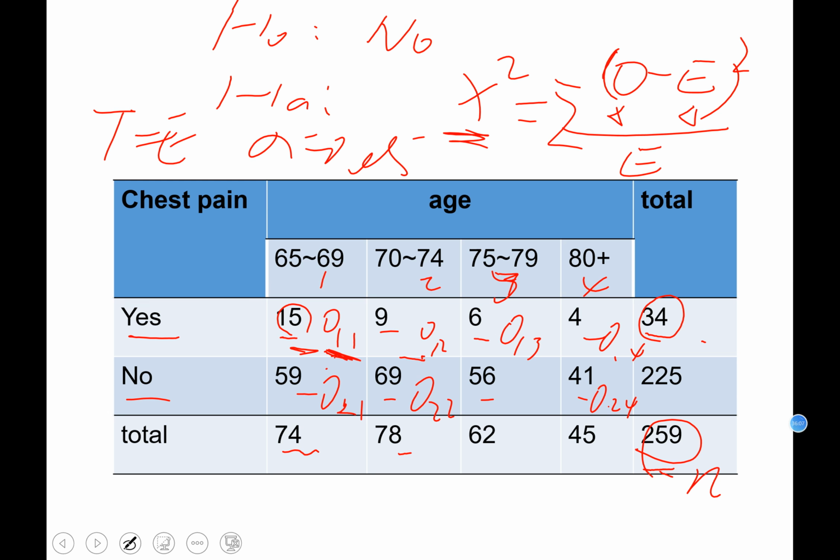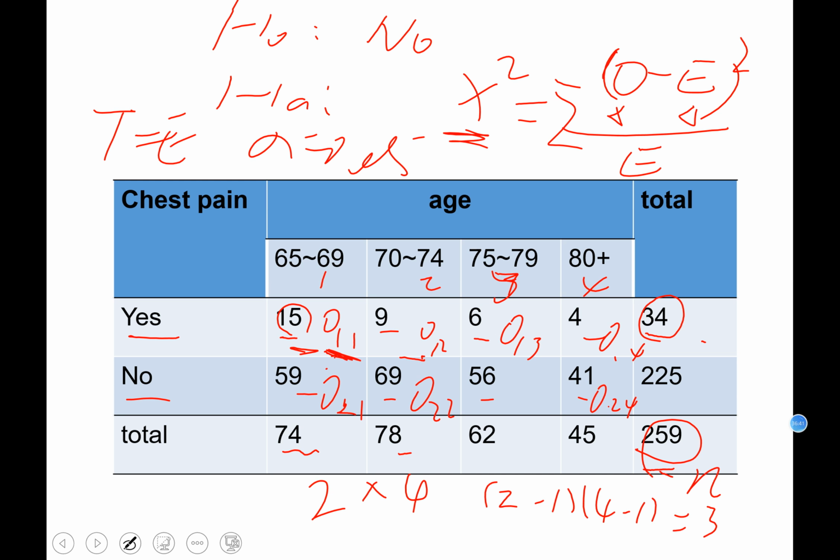And we need the df if we want to find the critical value for chi-square. So df is number of rows minus 1 times number of columns minus 1. So in this question, we can find that it's 2 rows and 4 columns. So its corresponding df is 2 minus 1 times 4 minus 1. So it's 3.